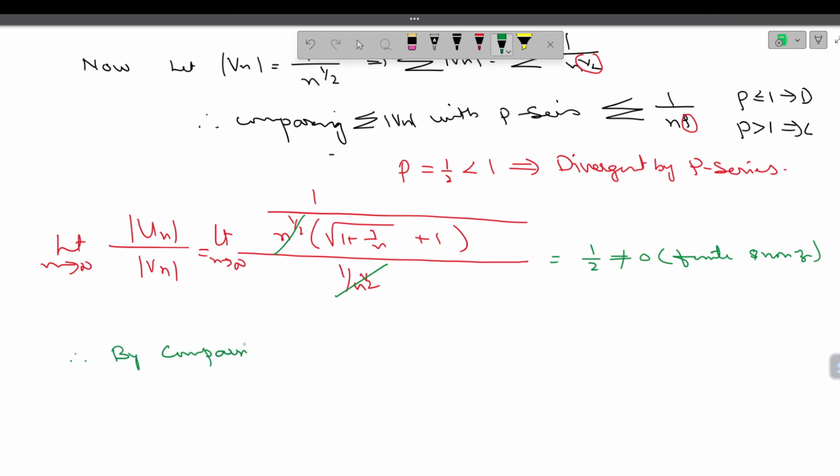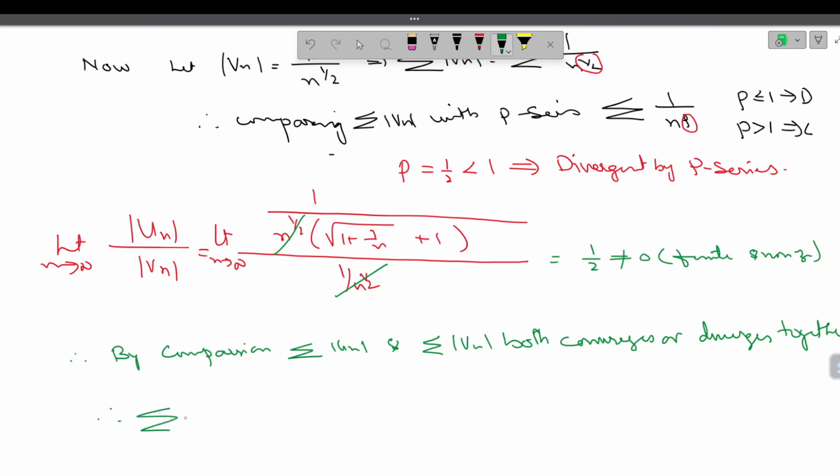By the comparison test, mod of un and mod of vn both converge or diverge together. Therefore, summation of mod of un: by the p series, vn is divergent, so one part of the series is divergent.